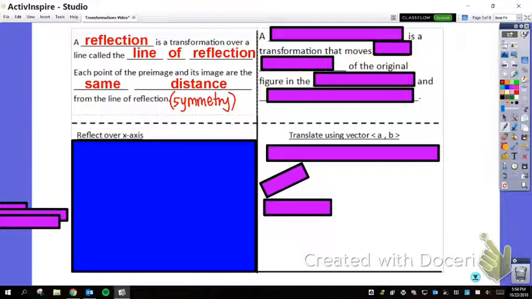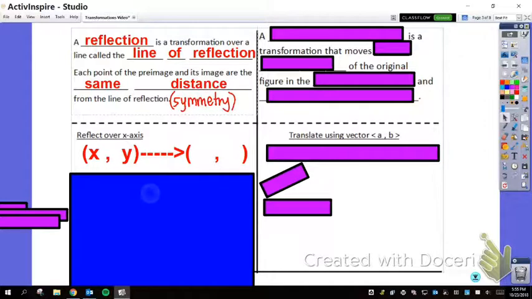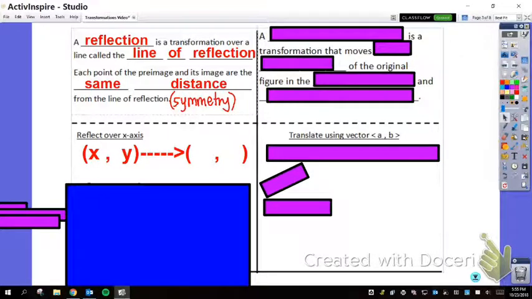Okay, so we are going to focus on reflecting over three different things. We're going to reflect over the x-axis, over the y-axis, and over the line y equals x that goes through the origin. When we reflect over the x-axis, we start off with our original point as (x, y). Then our new, reflected point has the x stay the same, and we take the opposite of y, which we're going to write down as negative y.